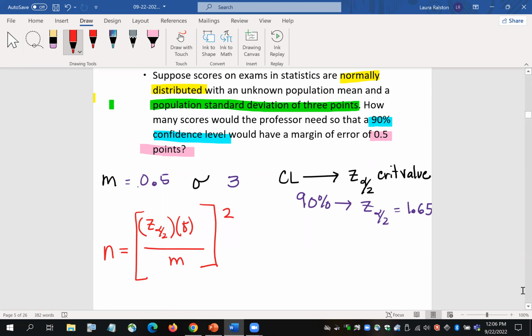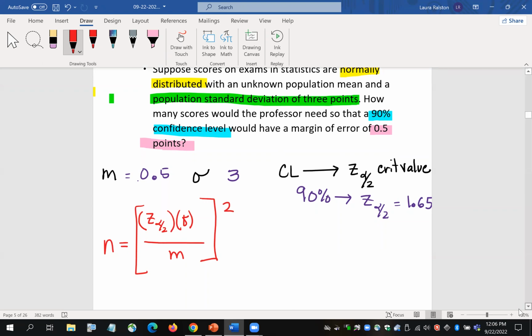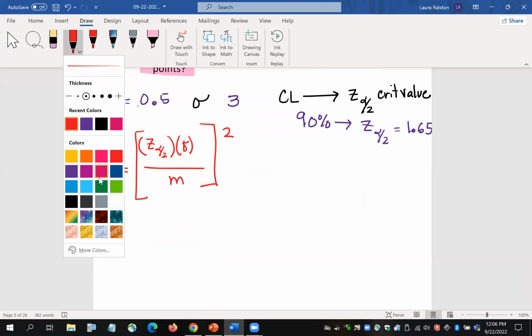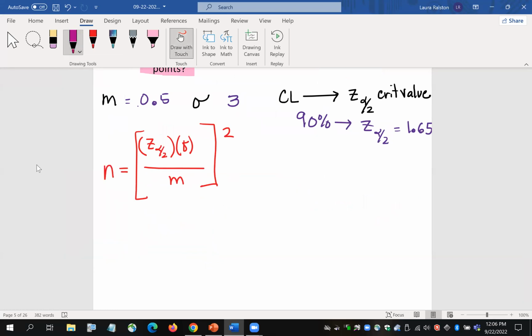So guys, it's a straight out plug and chug. You have been able to identify all of the numbers. So I have my critical value, 1.65. My standard deviation is 3. My margin of error is 0.5. And that whole value has to be squared.